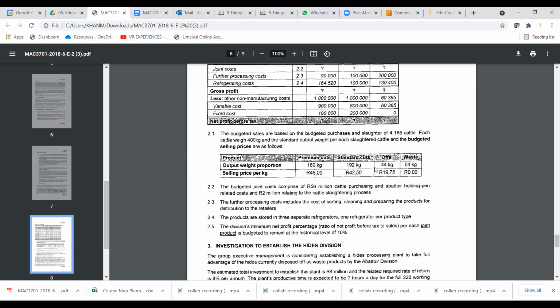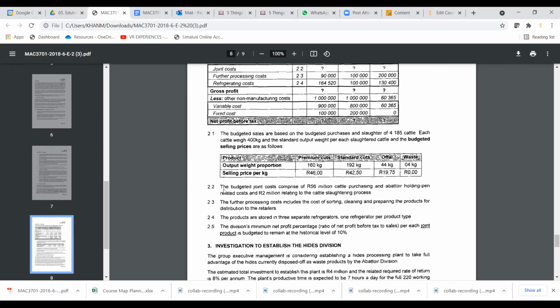So it doesn't look like it adds up to 400, but okay. 160 plus 192 plus 44 equals 396. So this must be 4 kilograms of waste.